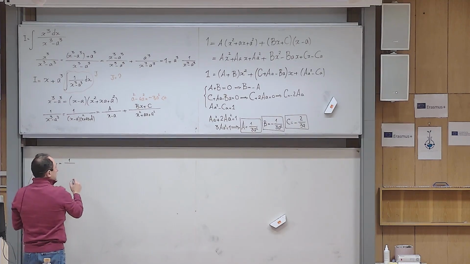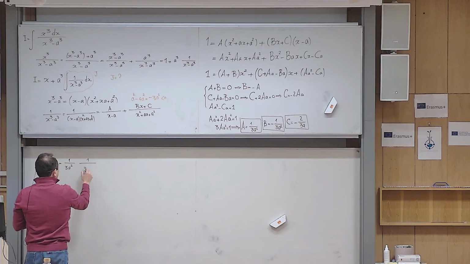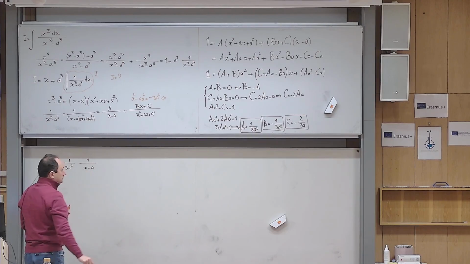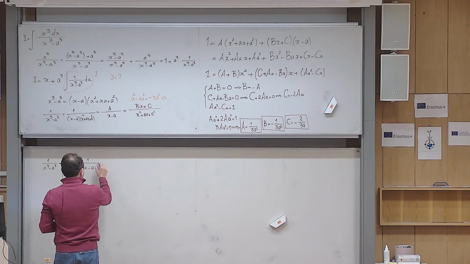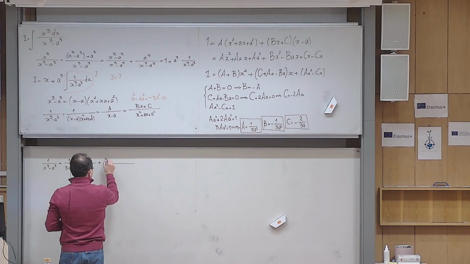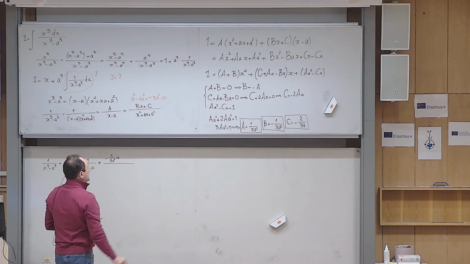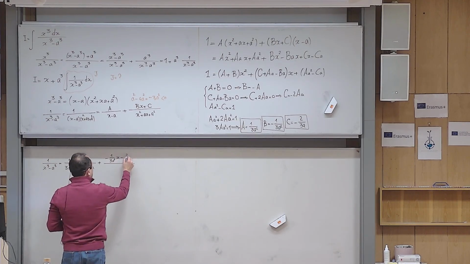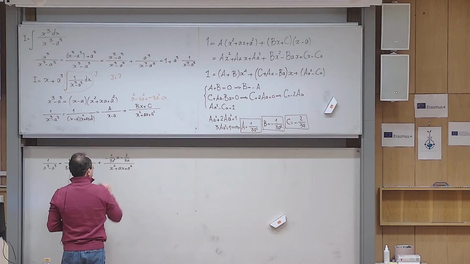So it becomes 1 over 3a squared, and then I have 1 over x minus a. For the next one, I have capital B. So let me write this plus minus 1 over 3a squared x, and then plus c. c is minus 2 over 3a, and then I have x squared plus ax plus a squared.